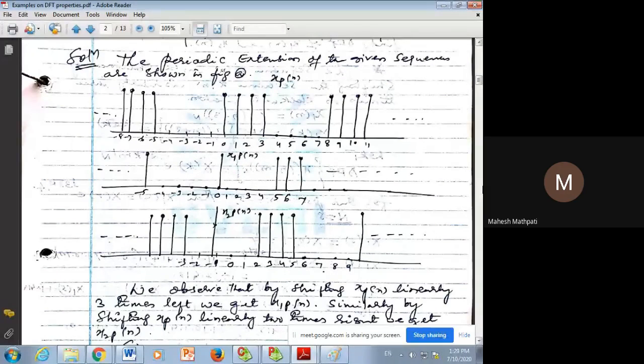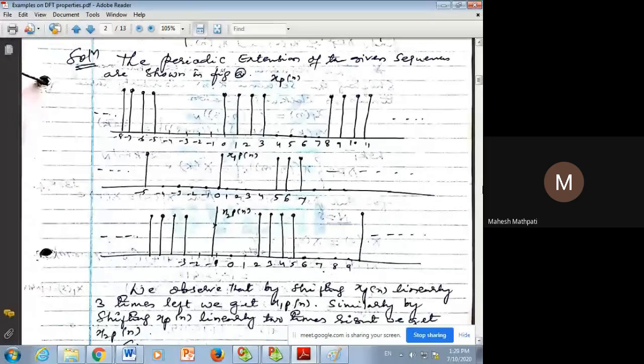What does it indicate? Periodic sequence. Yes, it is periodic sequence.